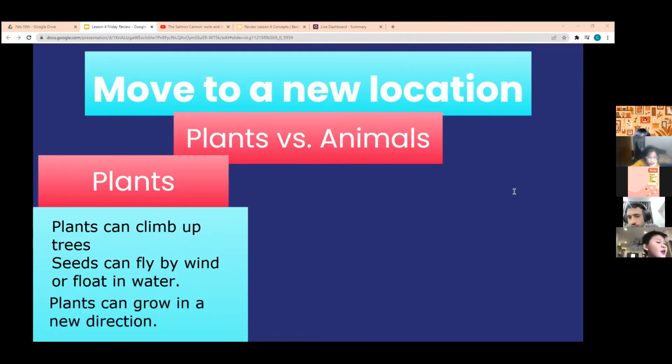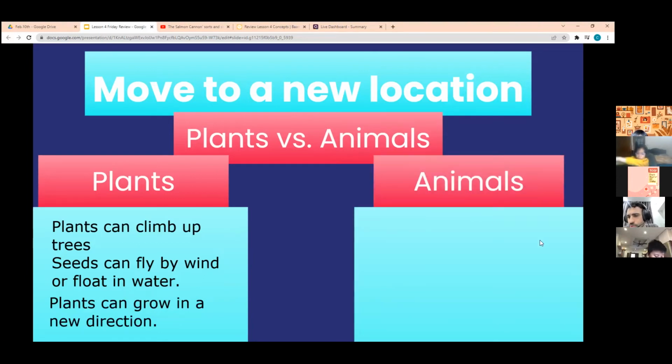Okay. So then we also have animals. What are some ways that animals can move? Alex, what are some ways that animals move? Legs. Anything else? Limbs. Okay, move away. Let's get someone else to help me with some other ones. Kim, what are some other ones?